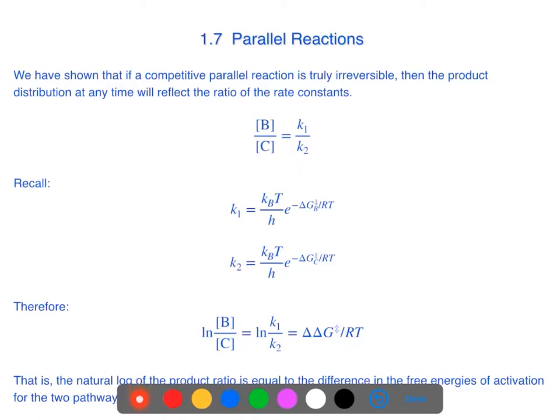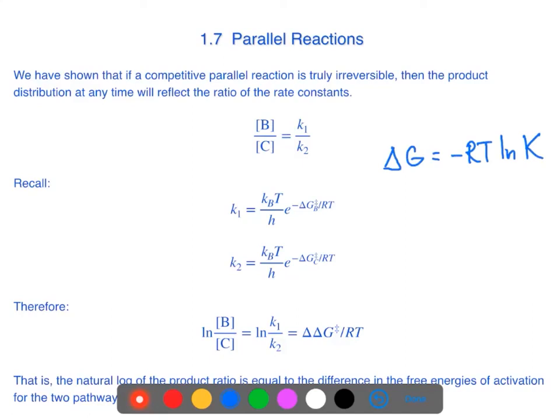Now you will be familiar with the change in free energy being equal to minus RT ln of the equilibrium constant, uppercase K. What we'll show in later sections is how we can derive an expression that relates the rate constant to the free energy of activation.